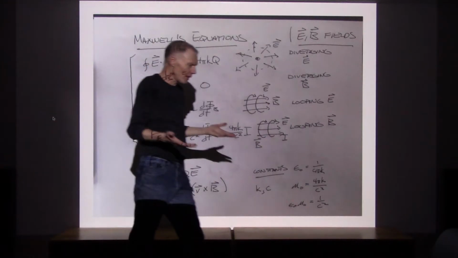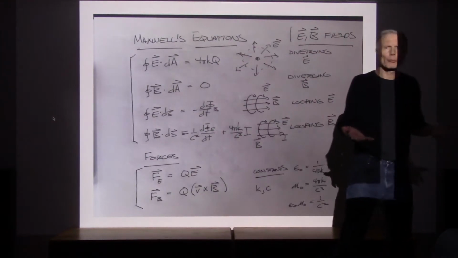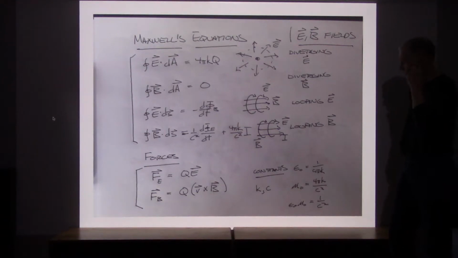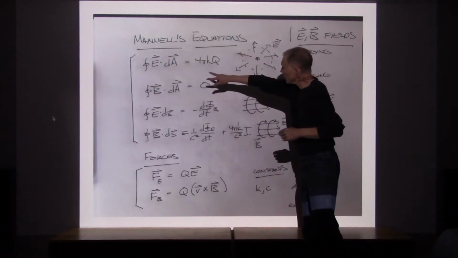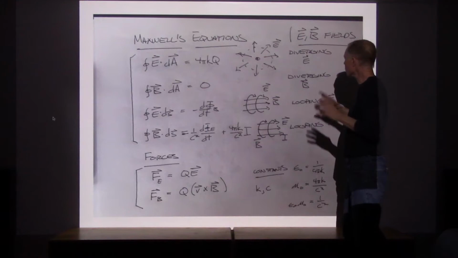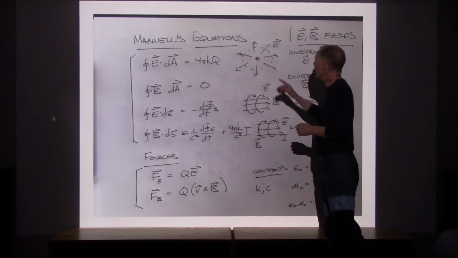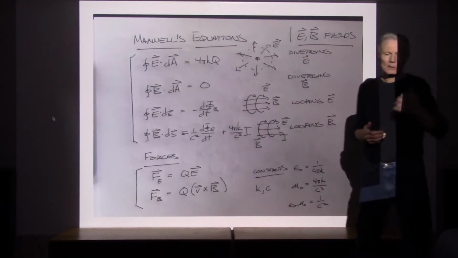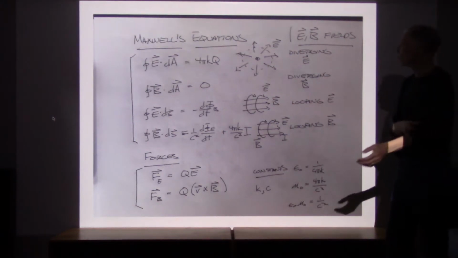Let's go ahead and do kind of an overview of Maxwell's equations and ask what they're telling us. When we apply Gauss's law, we're asking how much divergence we have for an electric or a magnetic field surrounding a charge.